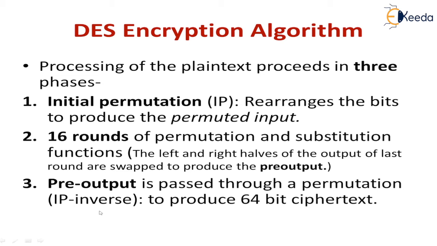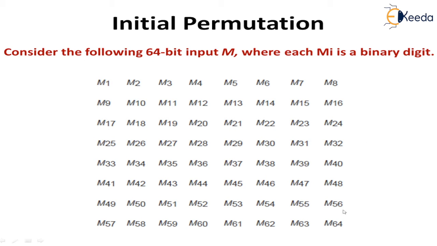The last phase is where the pre-output is passed through the permutation IP inverse, the inverse of the initial permutation, to produce the 64-bit cipher. So this is an example of the initial permutation.